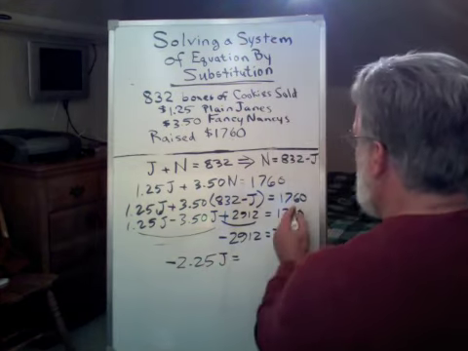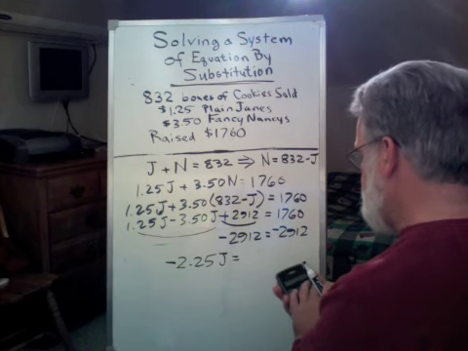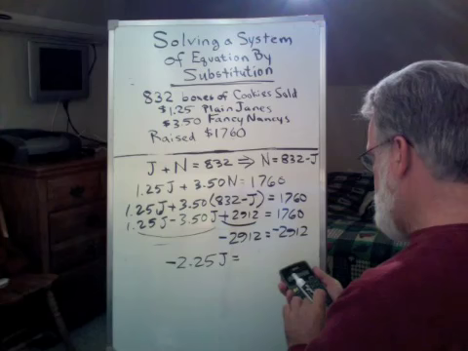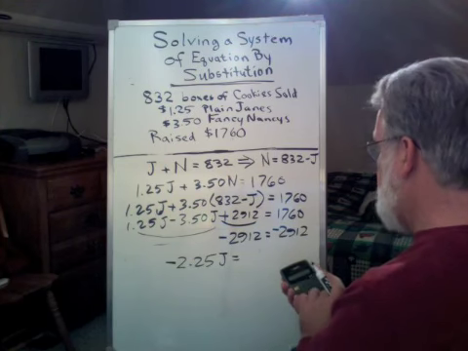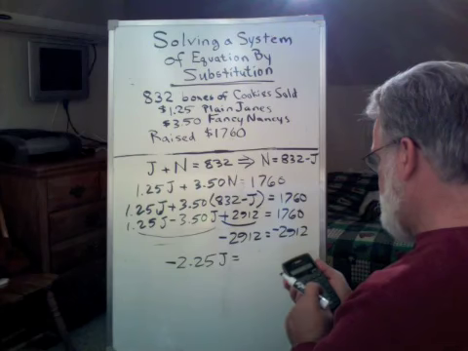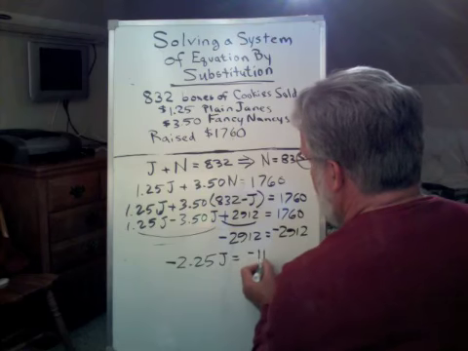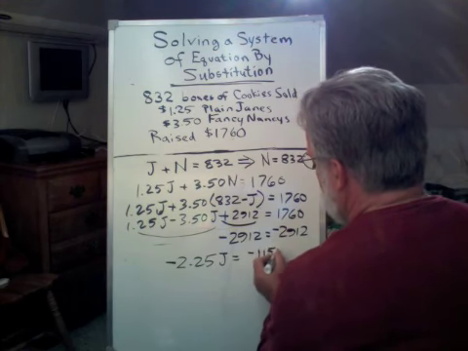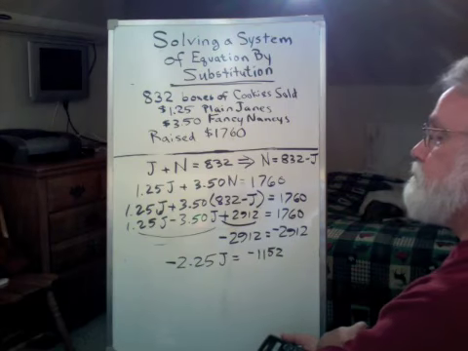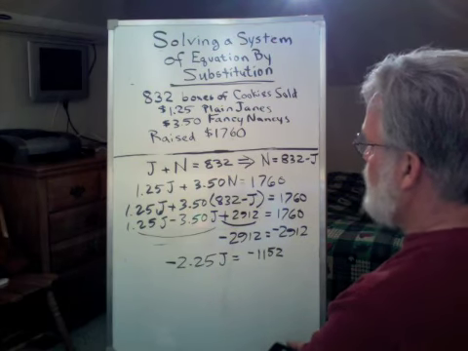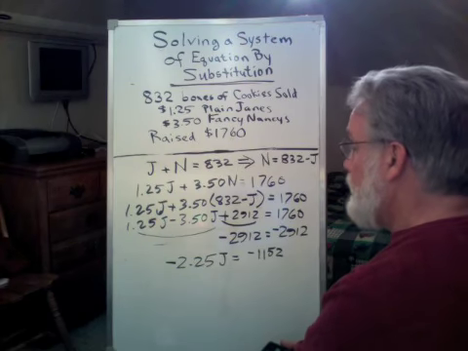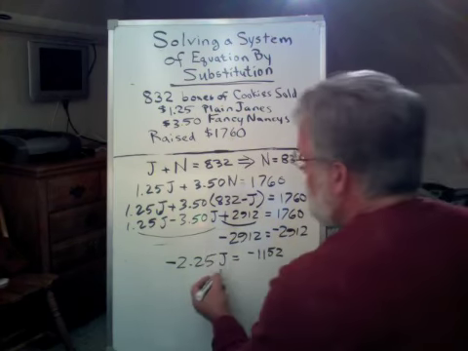And 1760 minus 2912 equals a negative 1152. So far, so good. Now I'm going to divide both sides by negative 2.25.